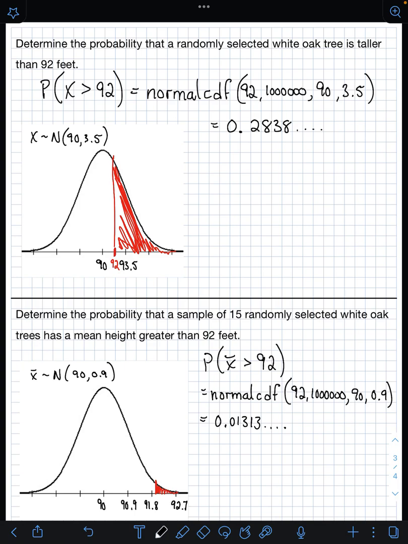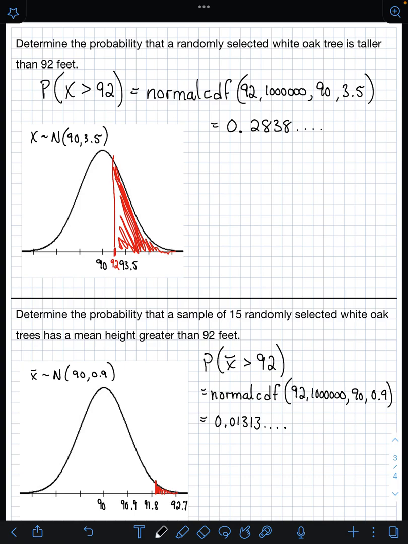Why the difference? Obviously, we can see from the different standard deviation that we are definitely going to be further out to the right and therefore have a smaller region that we're finding the area of. But why? Well, the clue here is in the differences between these.